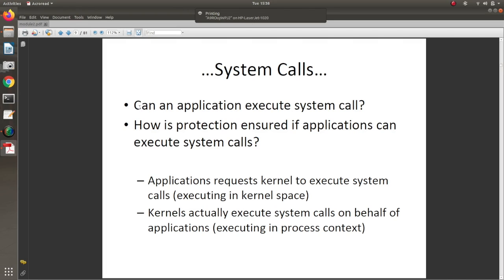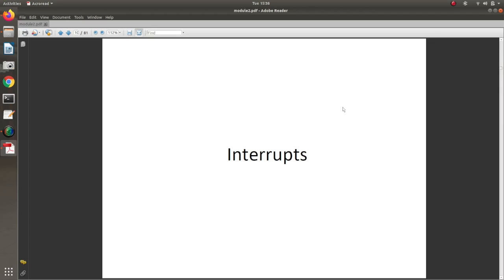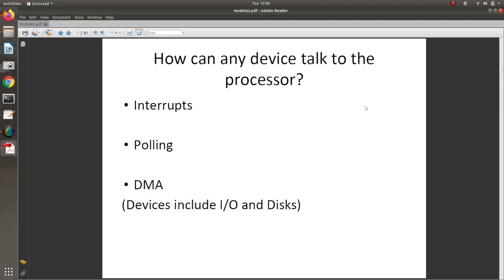So, to answer our first question, the application cannot execute a system call. It can only request the kernel to execute a system call, and the kernel actually executes it. So therefore it's protected. If the kernel finds something suspicious, it will not execute the system call that is requested by the application.